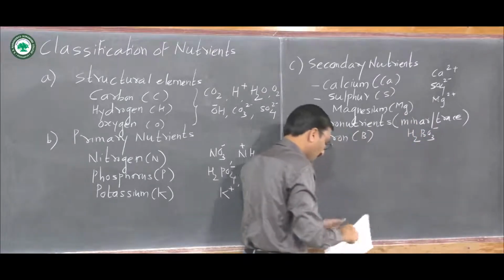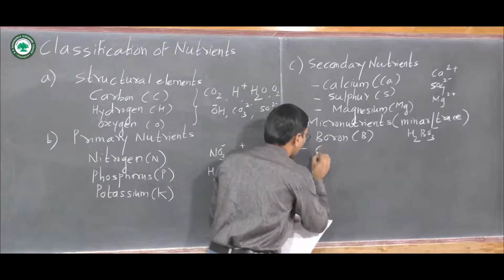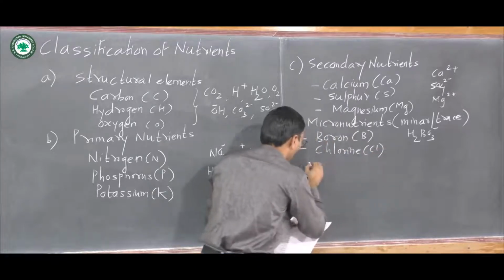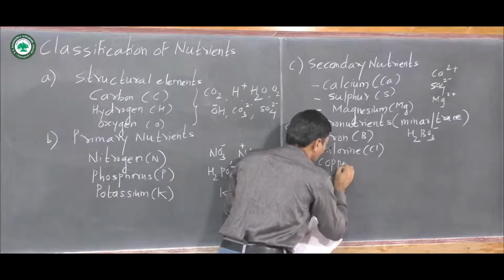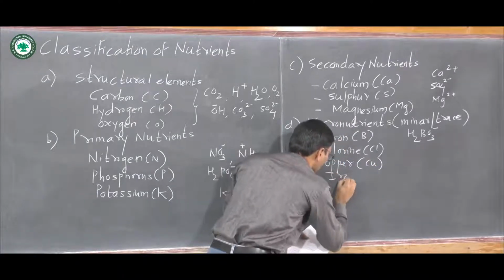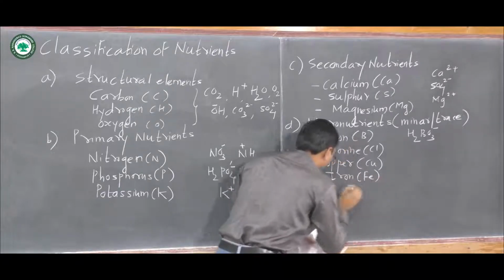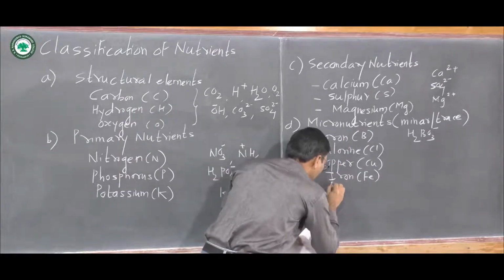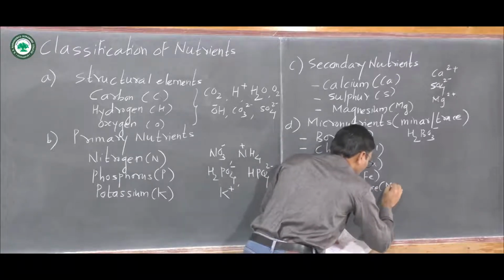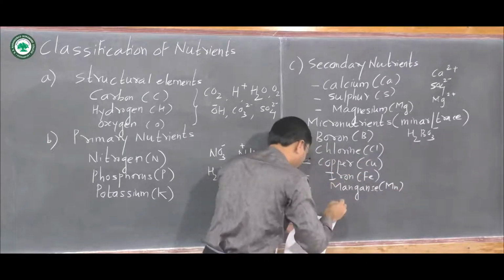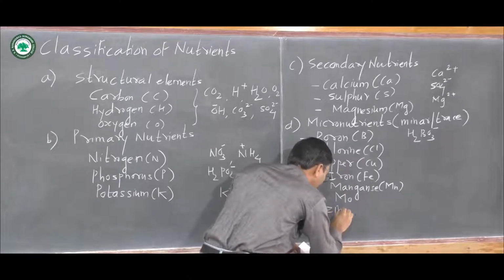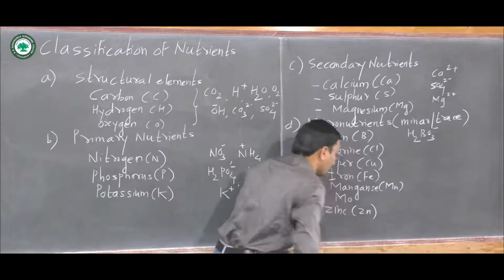Then chlorine, that is Cl, copper, that is Cu, then iron, Fe, then manganese, that is Mn, then molybdenum, which we call Mo, and last is zinc, that is Zn.